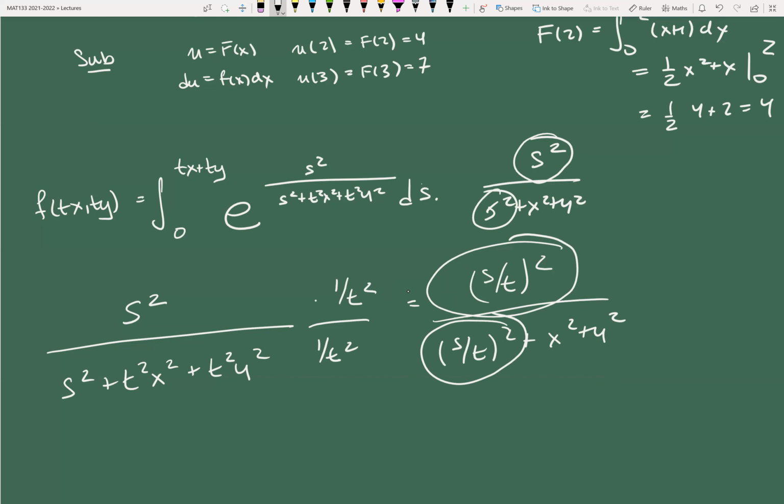You don't differentiate with respect to t, you differentiate with respect to s. Do you guys see it? Because I'm trying to relate it back to the original function, I want this thing to look like this thing. That really suggests what the substitution should be. Shanayu, yeah, exactly. That's a great choice.